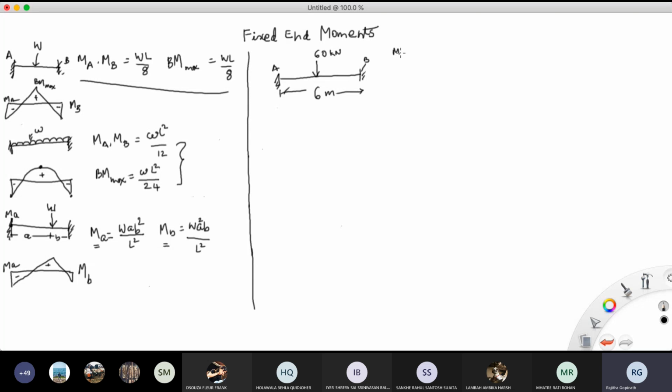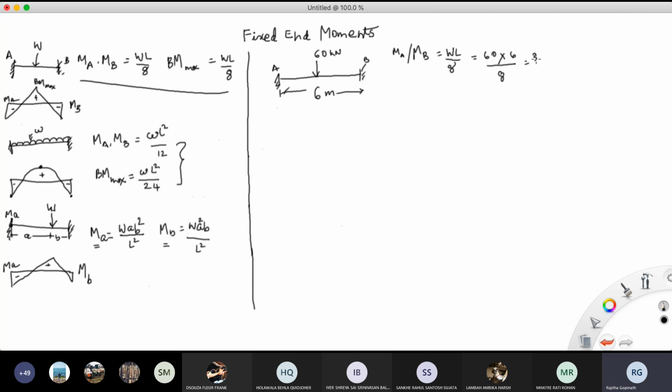So MA or MB is equal to WL by 8. W is 60 kilonewton, let's keep kilonewton meters, and L is 6, divided by 8.